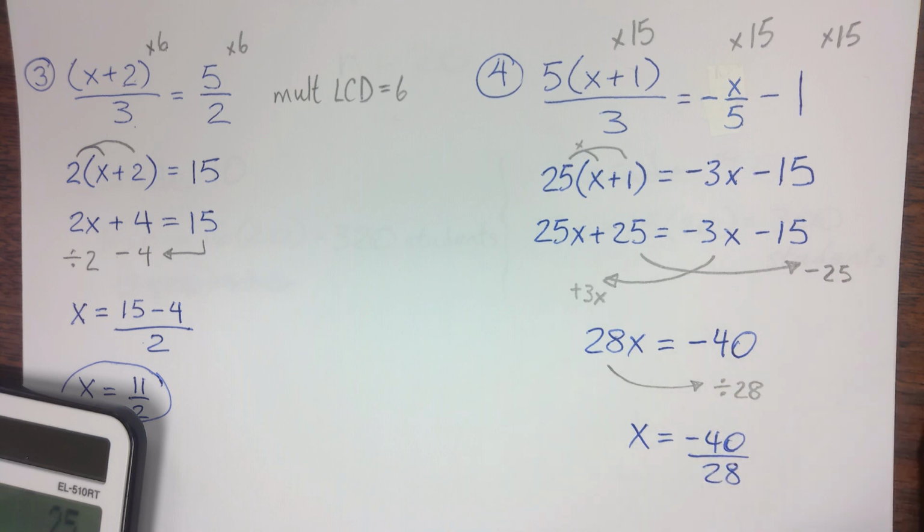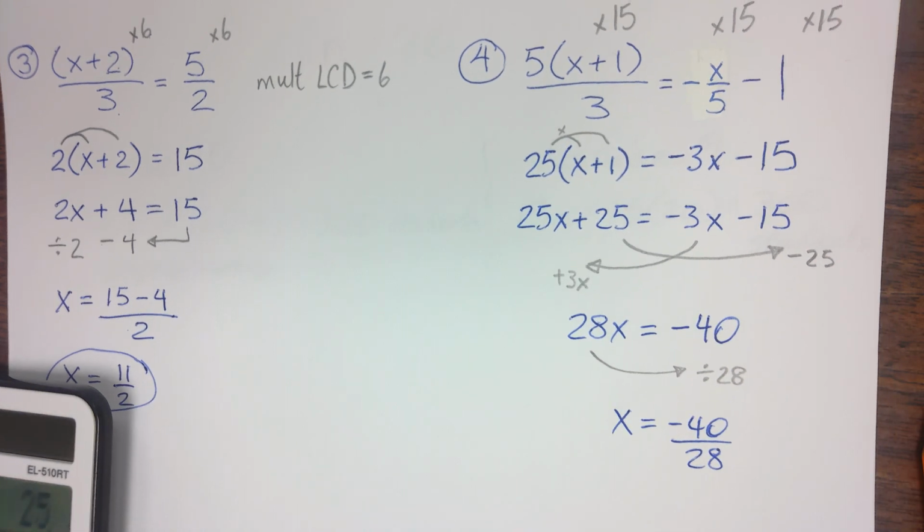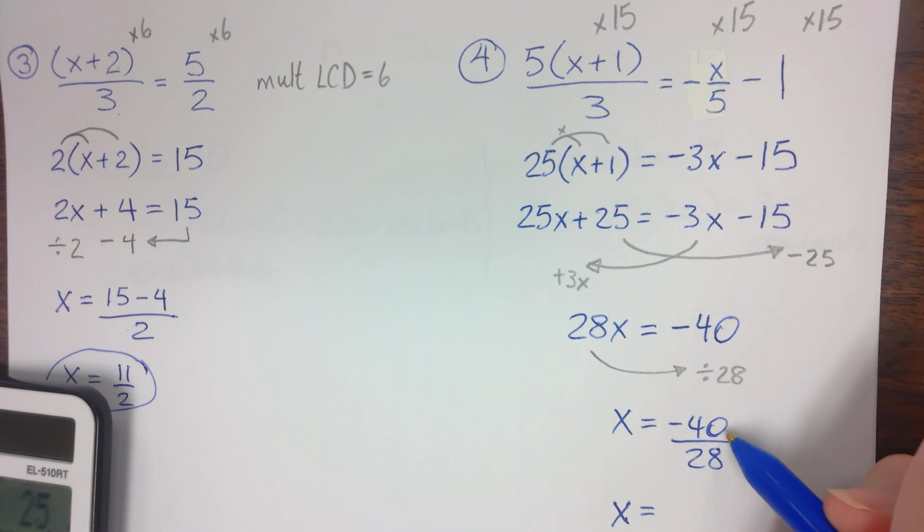Is this a good answer though? Simplify, right? You can reduce it. No decimals. No more decimals from now on. It has to be fractions. So you can reduce it.